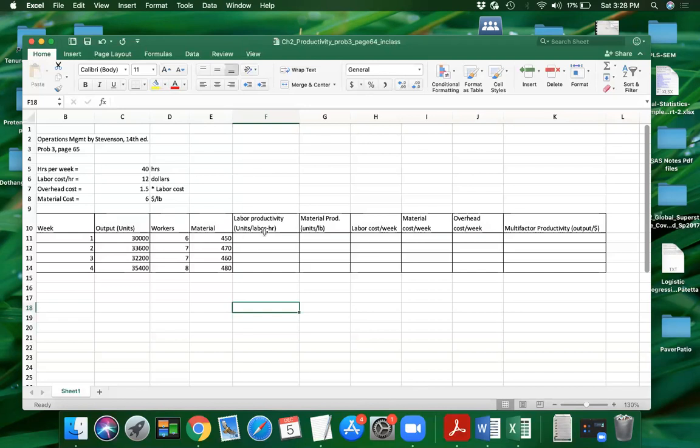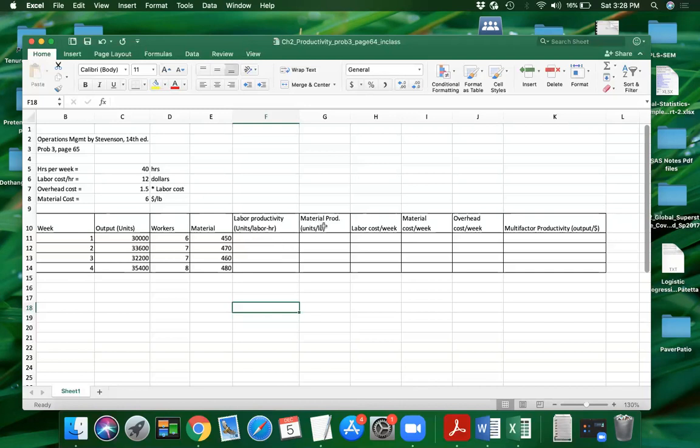But if it had been labor cost, then you would probably have used dollars. So if you are doing labor productivity, which is just considering one input, then your unit will differ based on the situation. It could be labor hours, labor cost, or something else.